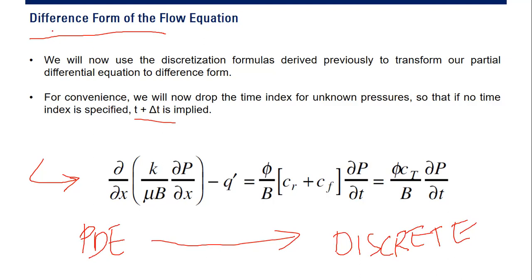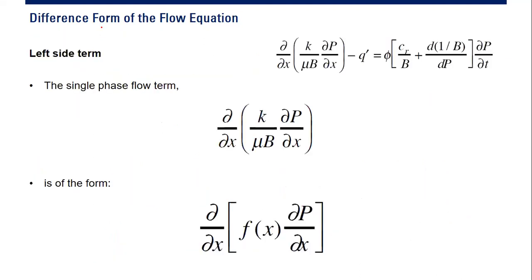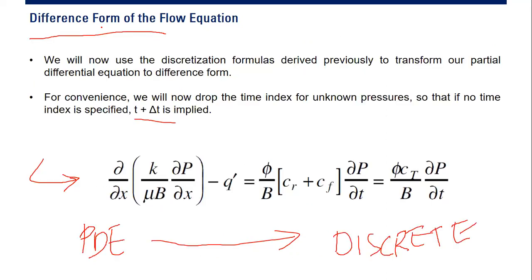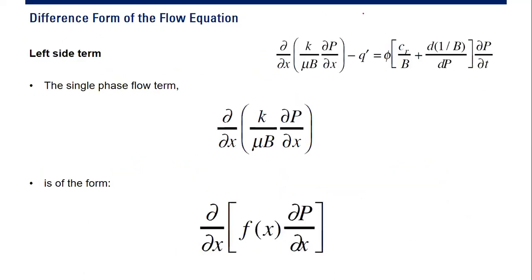Here, difference form. Okay, we will break the equation into two parts, the left-hand side and the right-hand side. Again, this is our starting point. Now we start from the left-hand side.